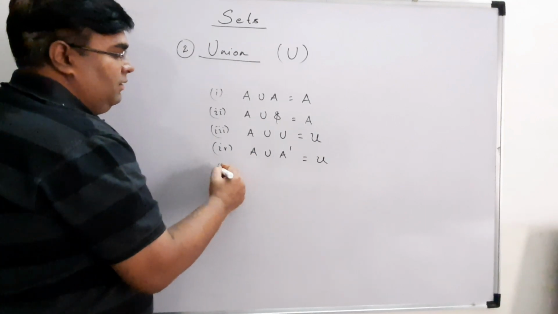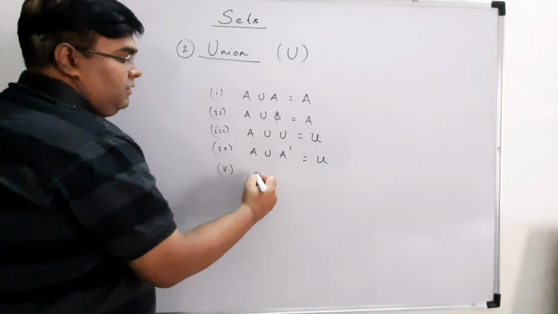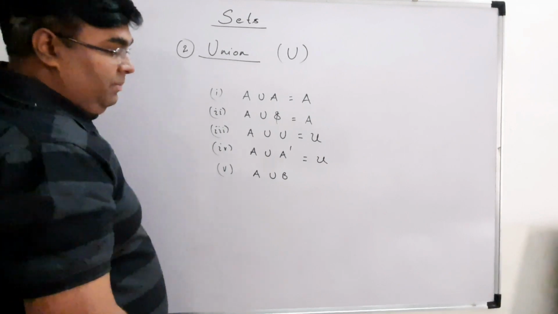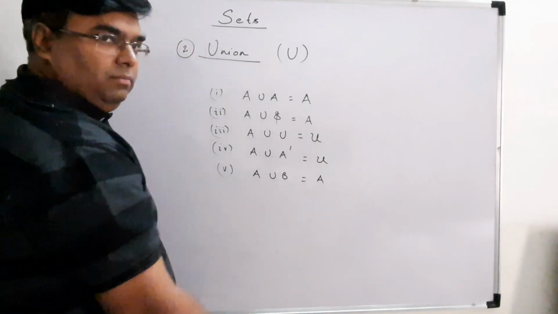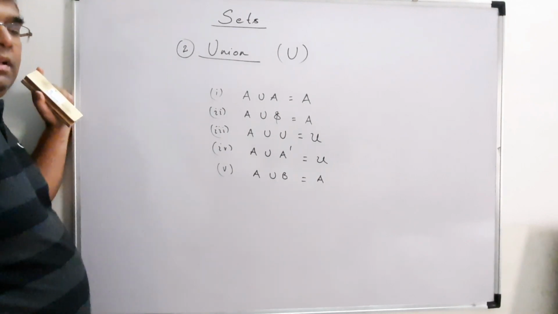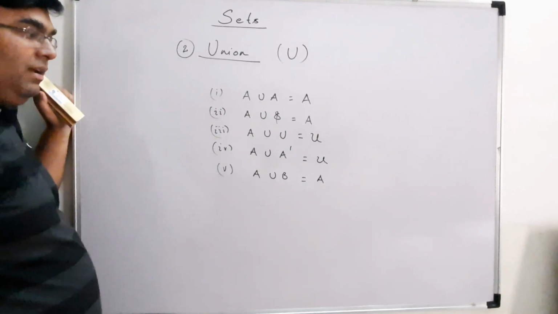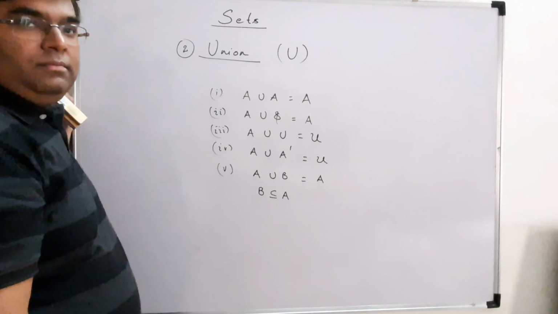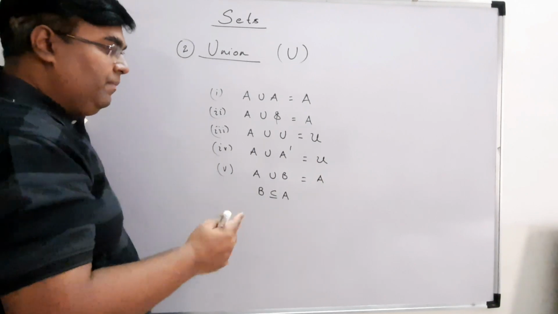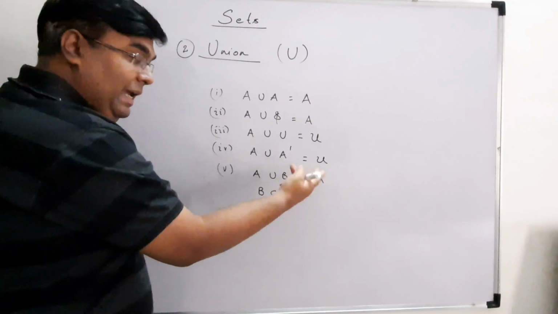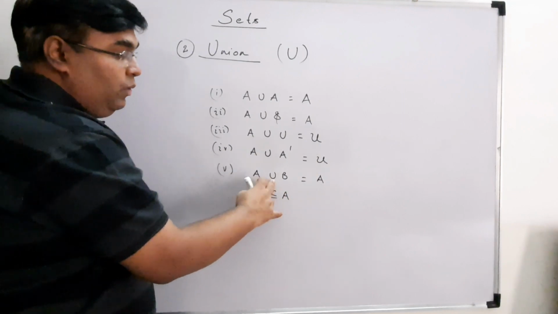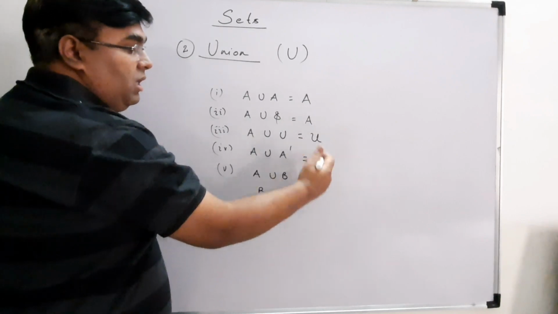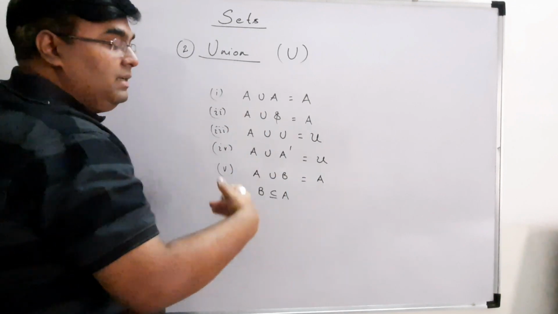Now let us see the property with other sets. If A union B gives you A, what does that mean? It means that B is a subset of A. In intersection it was the reverse: if A intersection B is A, then A is a subset of B. Here, if A union B is equal to A, it means B is a subset of A, because in union you will always get the larger set.